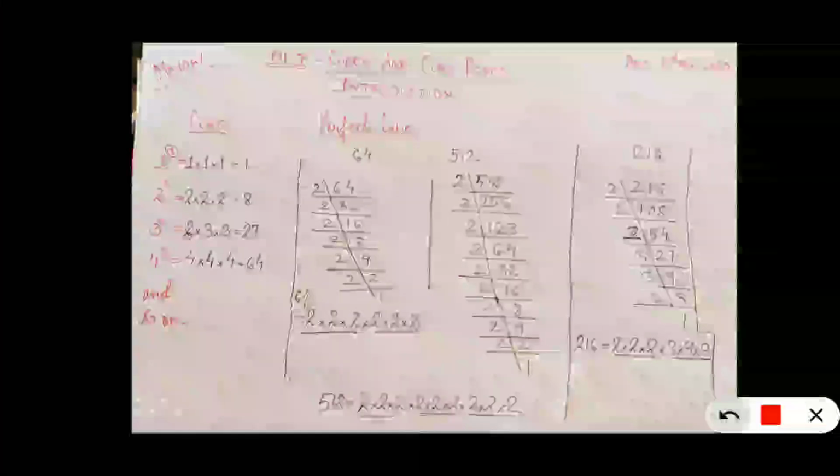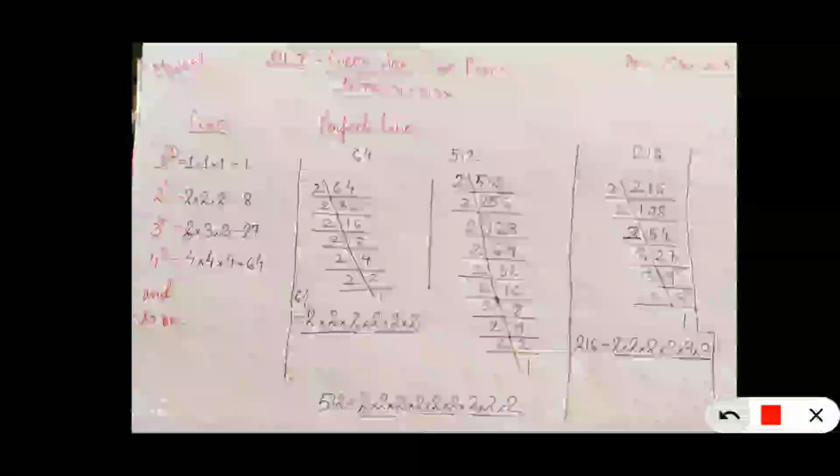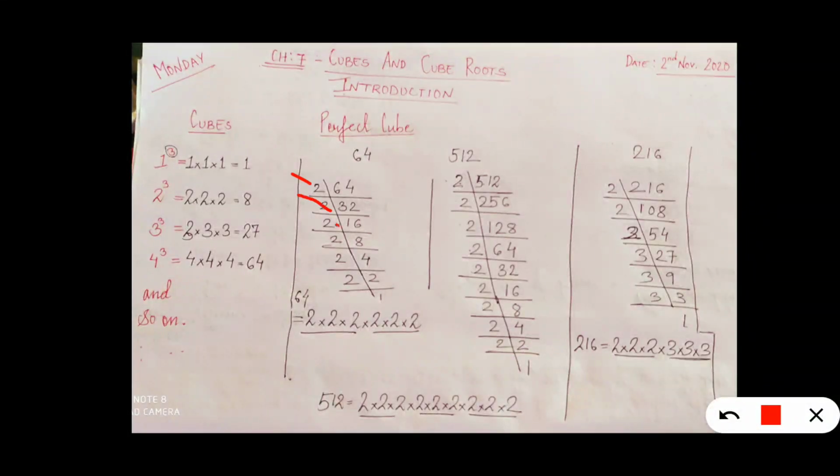So what prime factors did we get? By prime factorization of 64, how many 2's did we get? 1, 2, 3, 4, 5, 6. So I am writing six 2's. In squares and square roots, we used to make pairs of the same number twice.